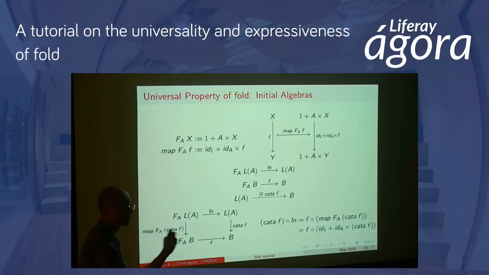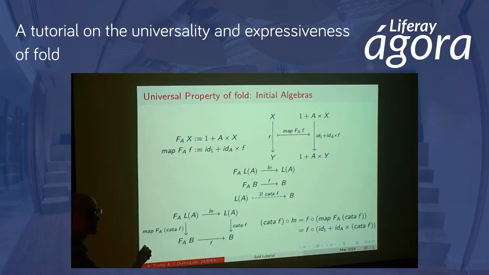This kind of thing is called an algebra morphism, but I didn't mention that. But that is the universal property. In general, any functor, as long as it has an initial algebra, will have this universal property. And usually the data types we use fall into this polynomial functor pattern, so they usually have initial algebras. And especially in sets and types, yes, they do.